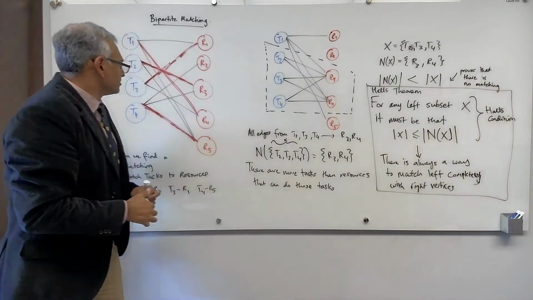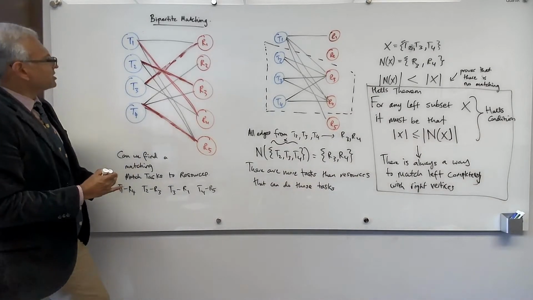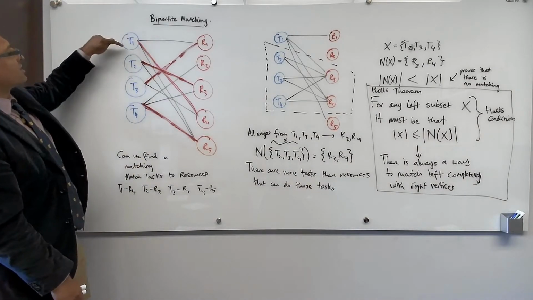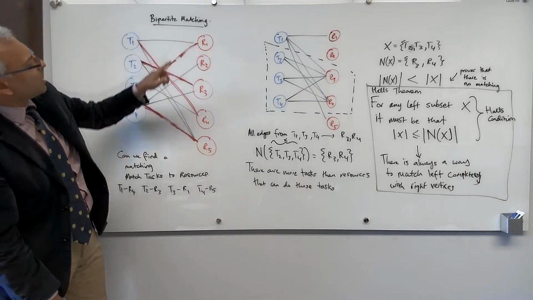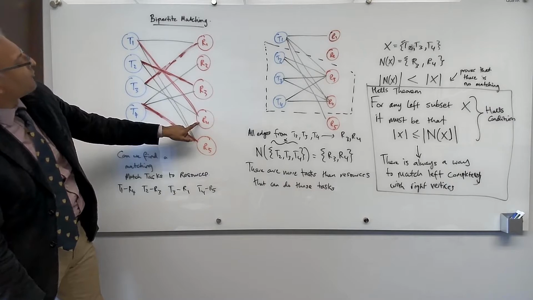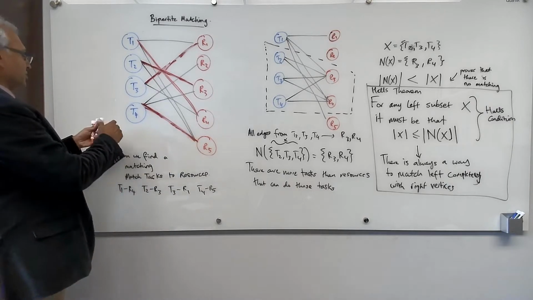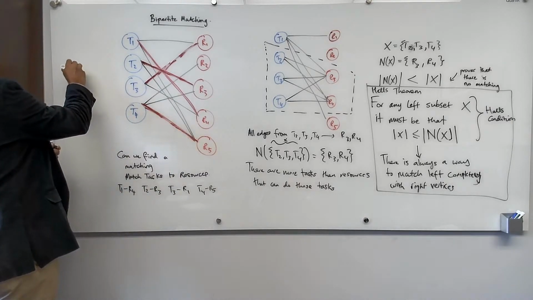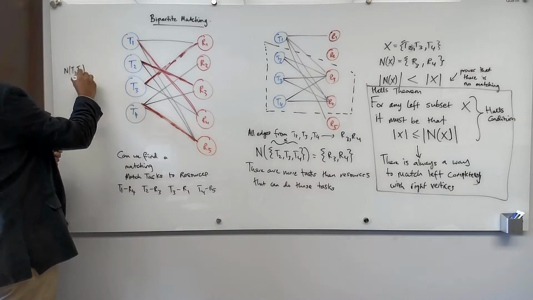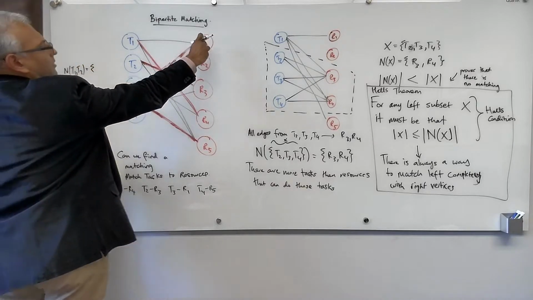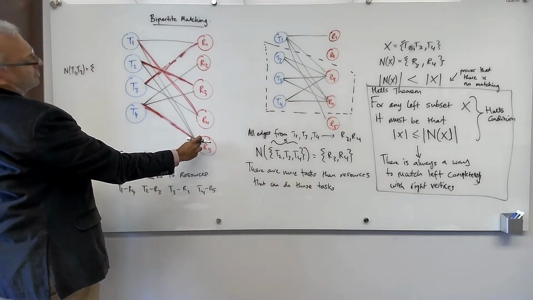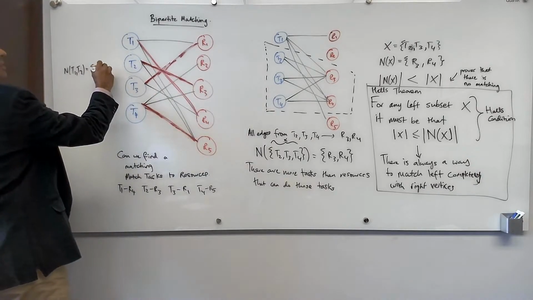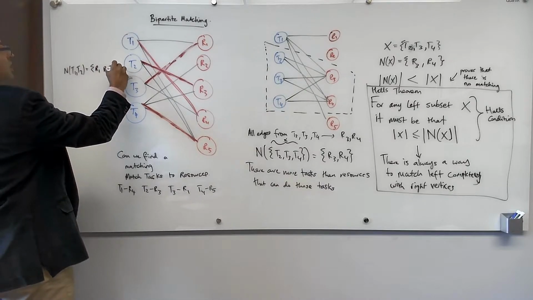Now, let's check, for example, here where we were able to do it. Let's look at the neighborhood of, for example, T1, T2. T1 has neighbors R1, R4, R5. So the neighborhood of T1, T2 is R1, R3, R4, R5.